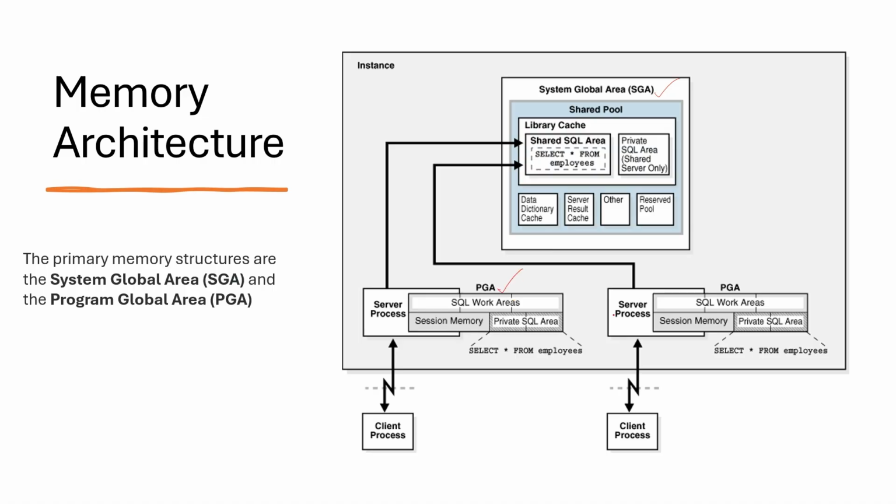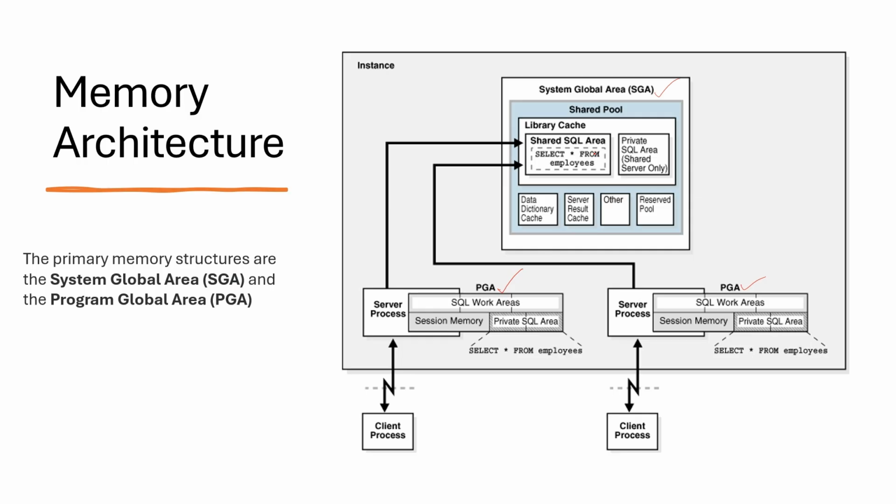You can see here that two users are connected. Two users will have two PGAs, since it is running in dedicated server process mode. Now look at this SGA in a magnifier.